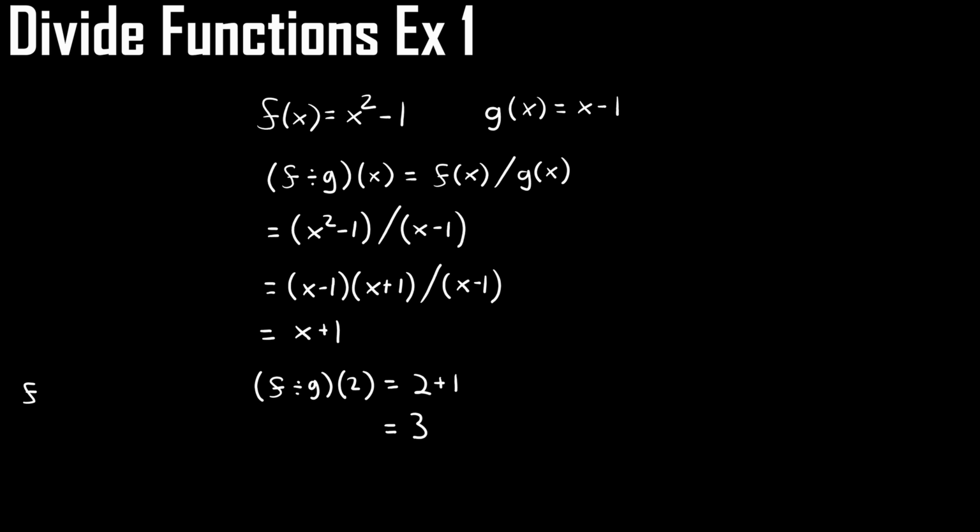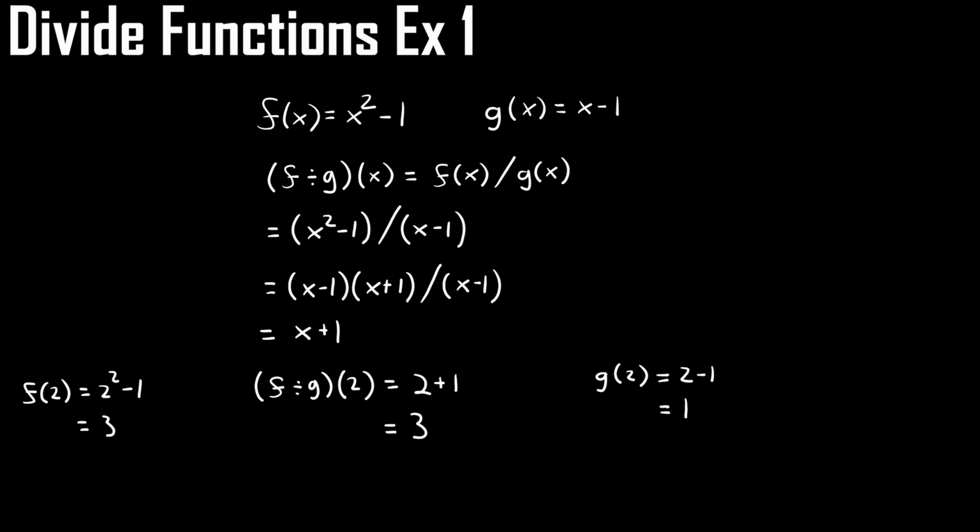So f of 2 equals 2 squared minus 1. This simplifies to 3. Now g of 2 equals 2 minus 1, which equals 1. And 3 divided by 1 is 3, so we know we are correct.